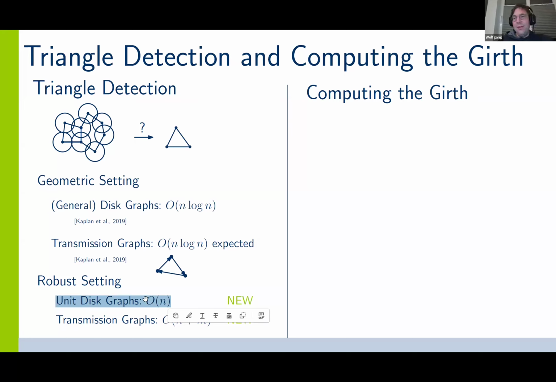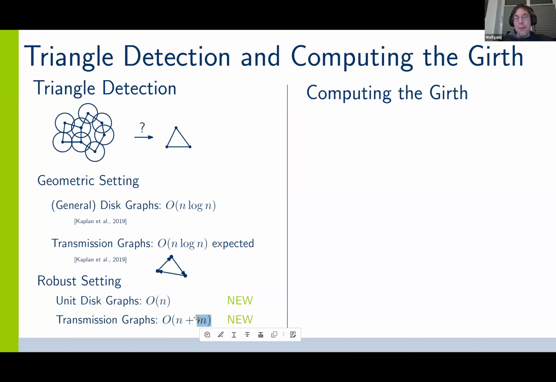As Sacher pointed out, it's probably easier in the robust setting, and for unit disk graphs it's actually the case, and it's very easy. We will see, it's a very nice and easy trick. Maybe it's an exercise, I don't know, to solve it. And I will also show you that for transmission graphs, you can find a triangle in linear time, but here you also need the number of edges.